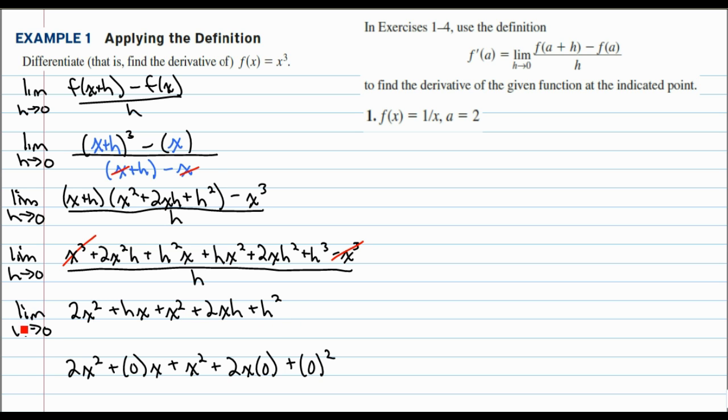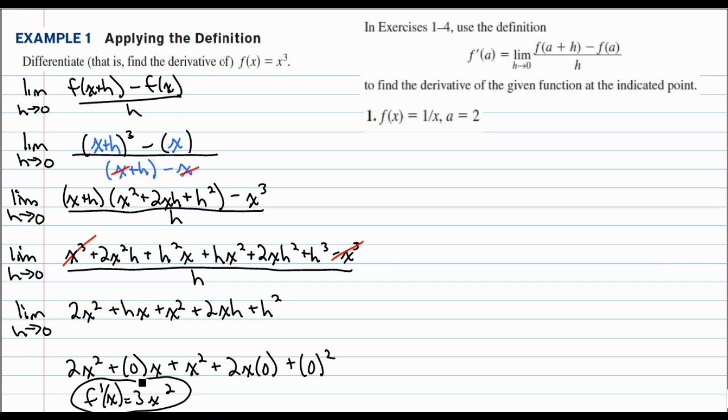Then I'm taking the limit as h approaches 0, so I'm going to plug in 0 for h, and that simplifies to 2x squared plus another x squared, so that's actually just 3x squared. That is the derivative of f of x. So we can also call that f prime of x equals 3x squared.